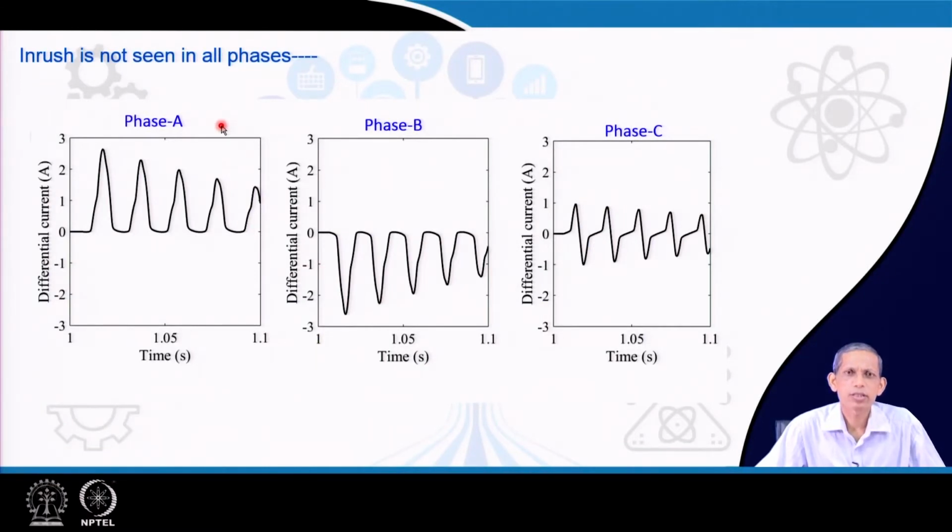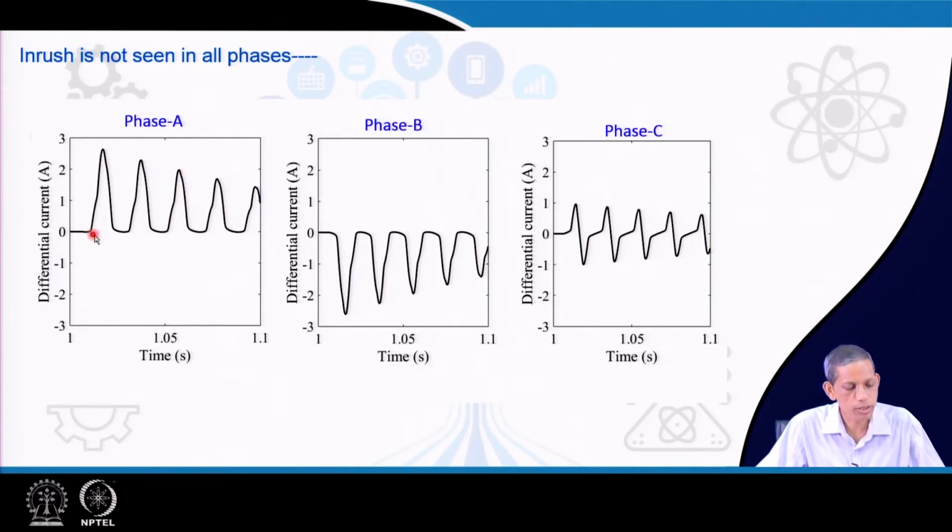This inrush has various other issues that we see here. Whenever inrush happens, all the phases are being switched on, this is a 3 phase situation, through the different poles in a circuit breaker. It is observed that all the phases do not see large current due to this inrush situation.